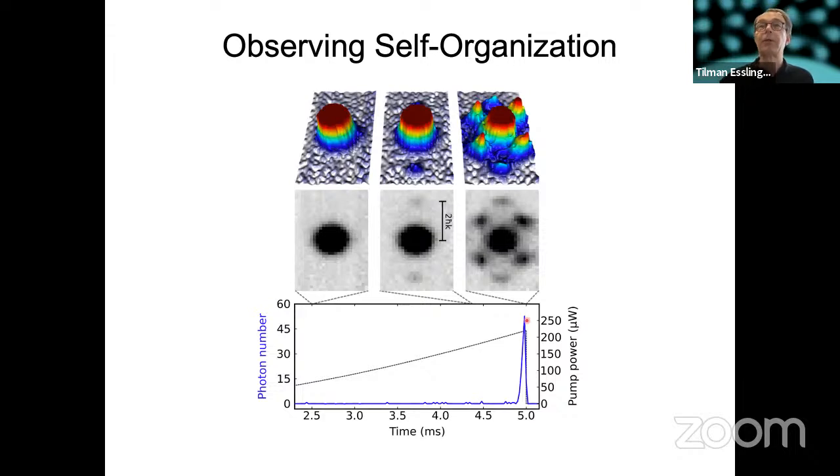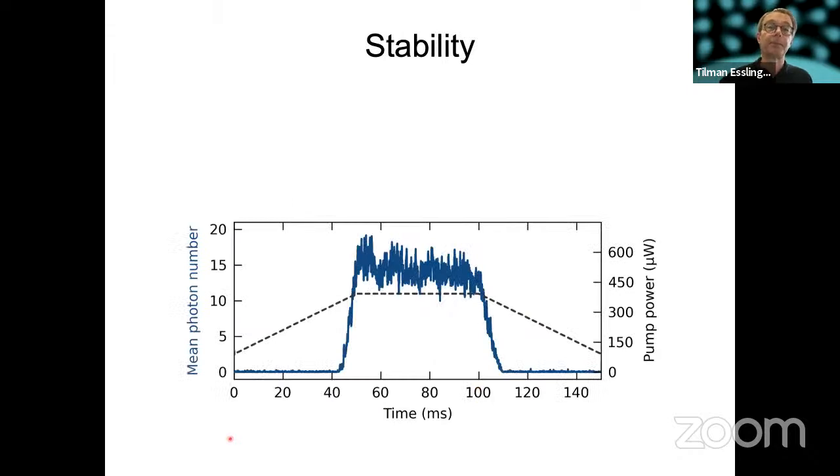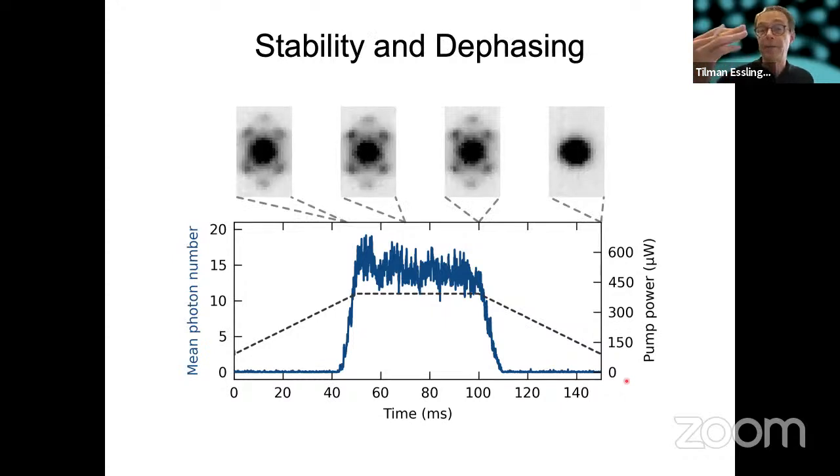And then you can also check whether that is a well-behaved phase. So here you see a time line where here's the pump power again, you increase, you keep it, and you lower it, and then you get into the phase and out of the phase.